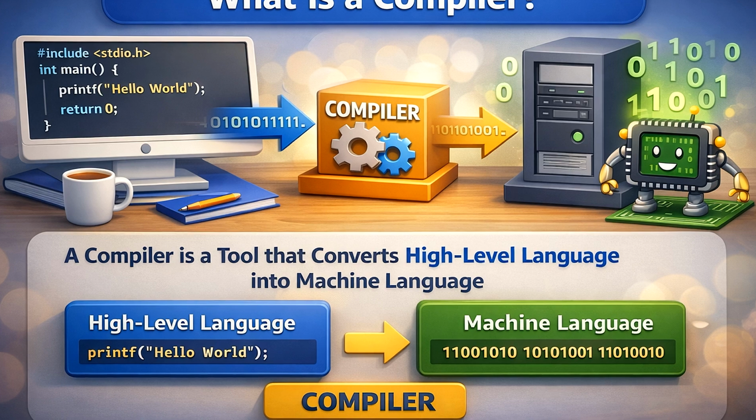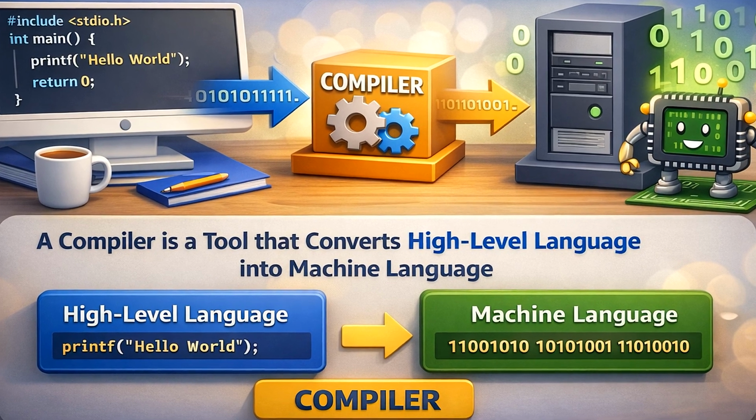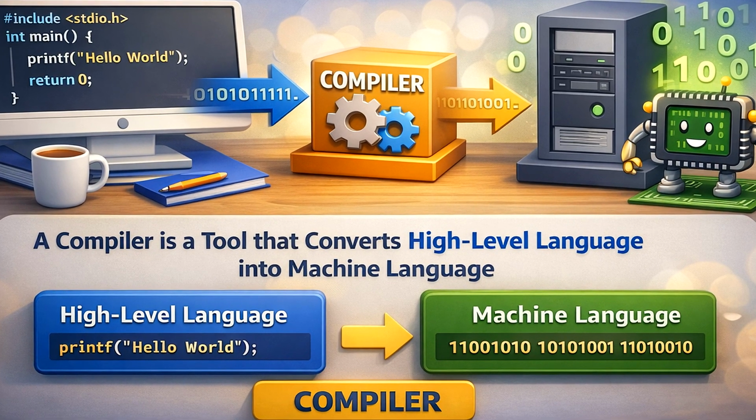What is a compiler? A compiler is a software tool that converts a program written in a high-level language into machine language. Let's understand this slowly. When a programmer writes code, they usually write it in a language like C. For example, a programmer may write a simple line such as printf("hello world"). This type of code is readable for humans.